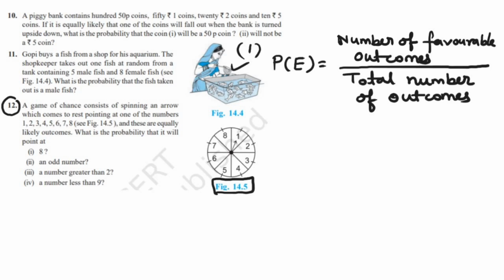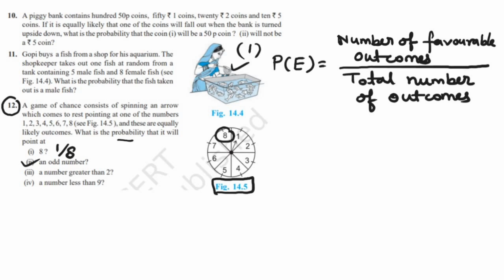Each of these are equally likely outcomes out of 1 to 8. We have to answer this. What is the probability that it will point at 8? So how many 8s are there? It is a 1 8. So probability of getting an 8 is 1 out of the 8 numbers that are there on this dashboard.